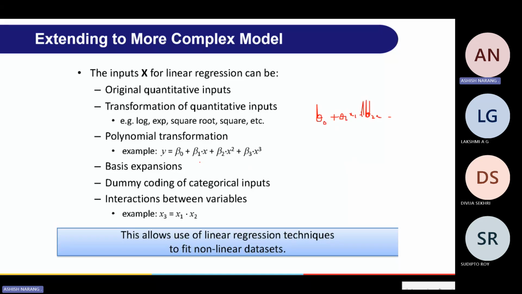You might have an equation like x square plus x cube and so on. Now, what should we do in such cases? That's very, very important to understand, how to move to polynomial regression.